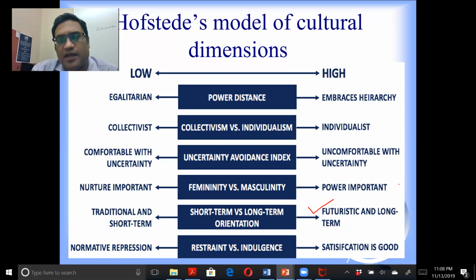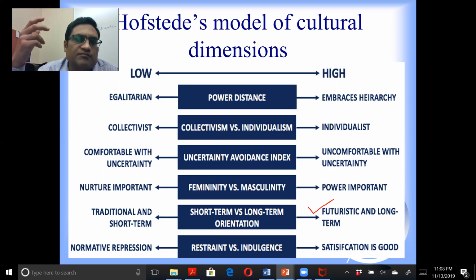So let's just say I pick this futuristic and long term. And let's say from the Hofstede index, you find out that both countries, South Korea and Taiwan, are very high on long-term orientation.